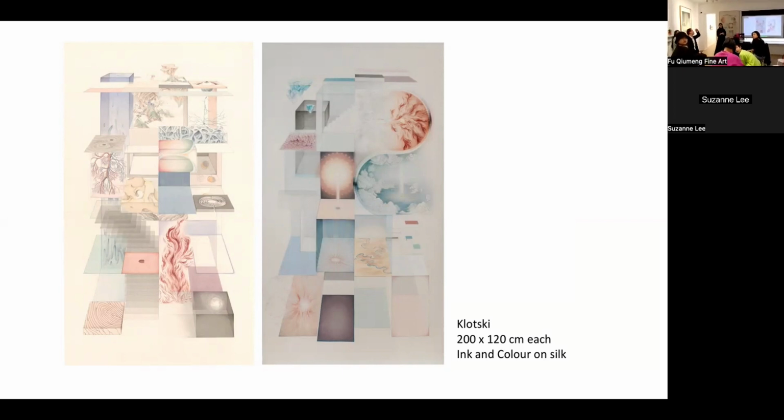For example, here we have the structure of bones. If you view it in the microscope, and this is the fingerprint, and also blood vessels. I feel like this is my way to view our body and to contemplate about our body.